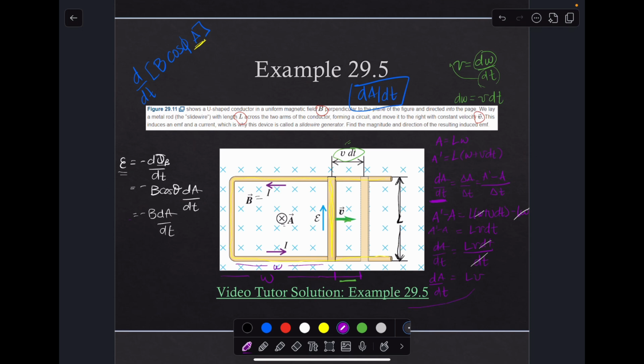So I plug that into my EMF up here, and I see that my EMF is negative BLV. Okay, so this is the important result, the important equation.